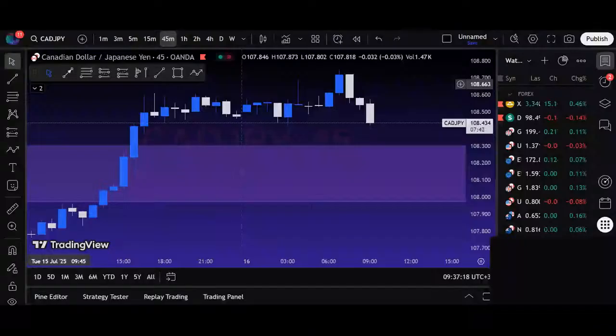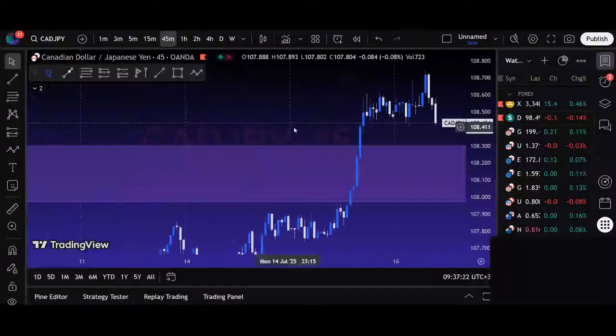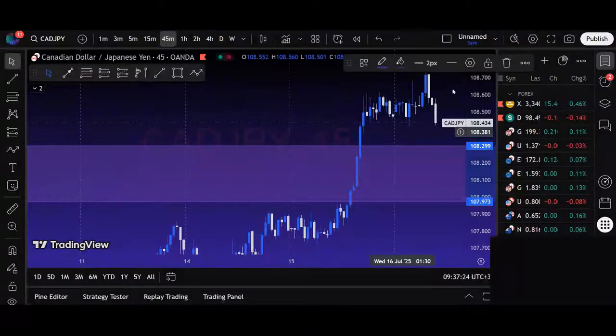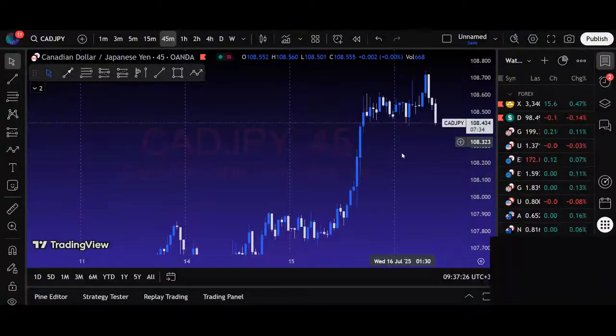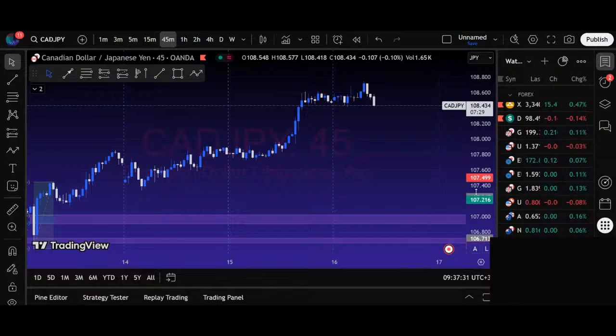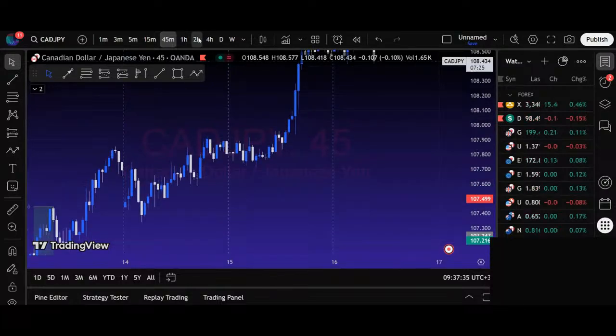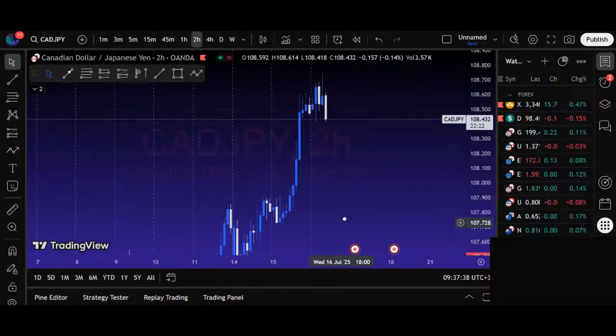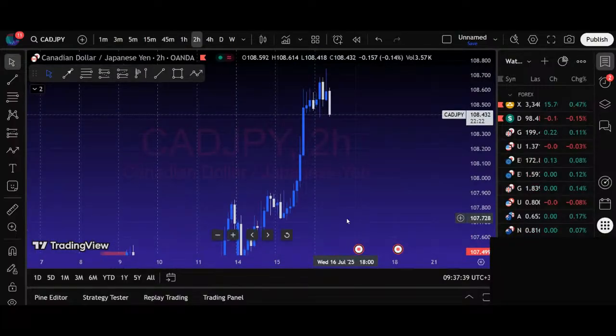Cut JPY, we were looking to buy. No, we were told to stop forcing, so I don't know why I have this here. We are not supposed to be forcing. Looking to buy. Now where can we buy? Wow, this demand zone is too far.